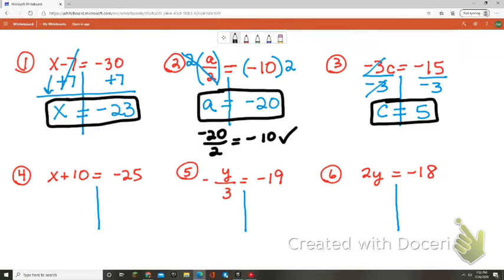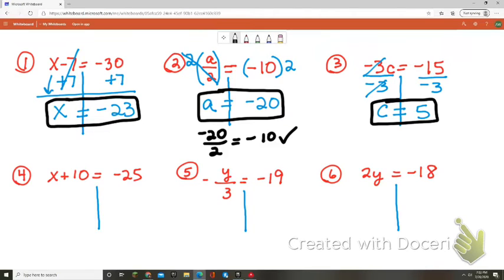So remember, you're going to undo addition or subtraction first, and second, you undo multiplication or division. All of our problems today are just one-step equations so that we can get used to showing the right work. A lot of you on these problems are going to try and do them in your head. I need to see your work. So on number 4, think about what you're going to do if you're solving for x.